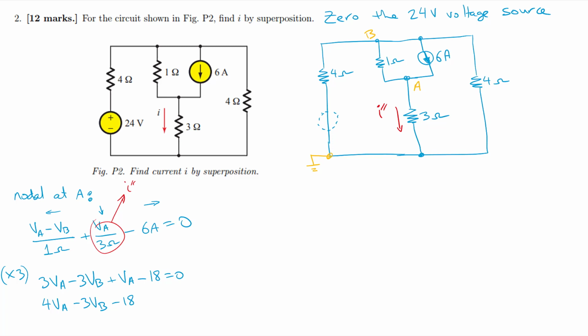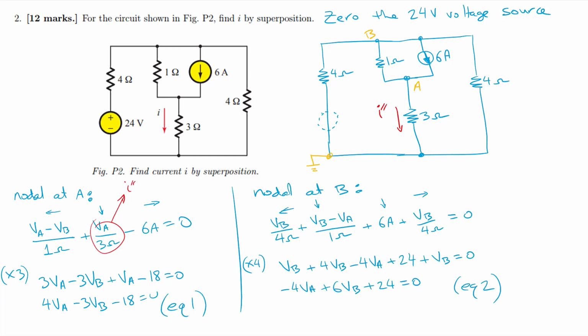Now, I'm just going to simplify it by multiplying this equation by 3 and coming up with the result of 4 VA minus 3 VB minus 18 is equal to 0. Okay. And then let's do nodal at B. Okay, so nodal at B, going over to the left, we have VB divided by 4.